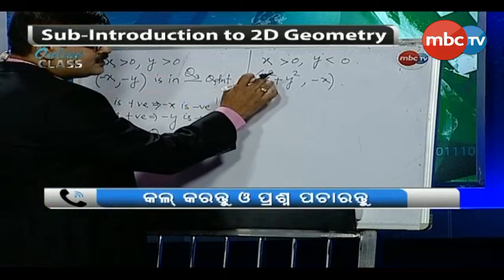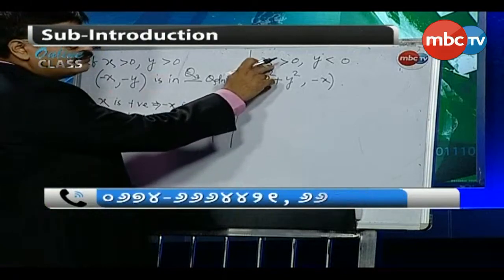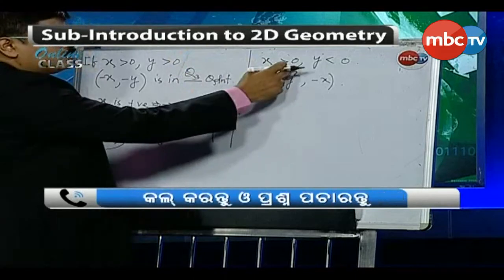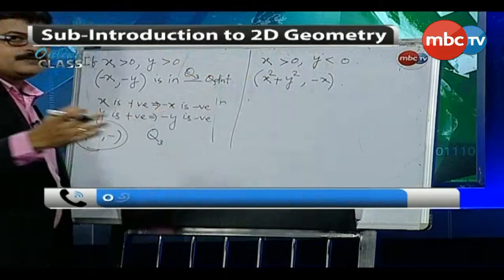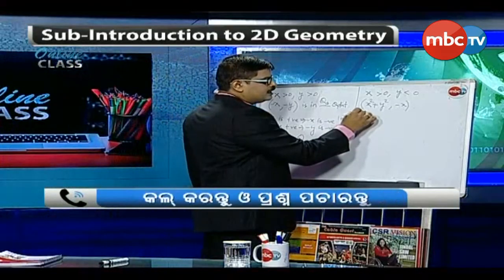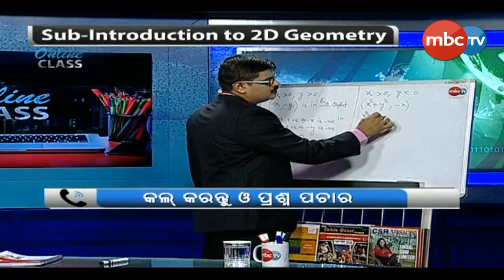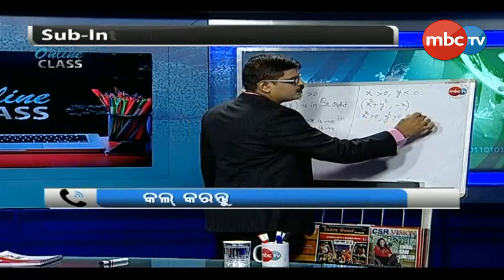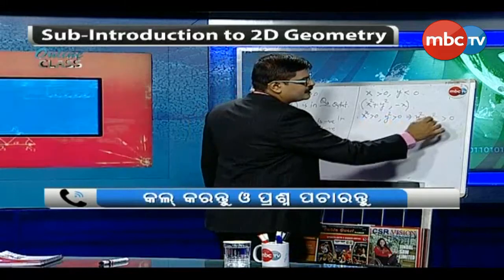As you can see, x is positive, so x square is always greater than 0. Also y is negative, that means y square will again be greater than 0. So, x square plus y square is again greater than 0.